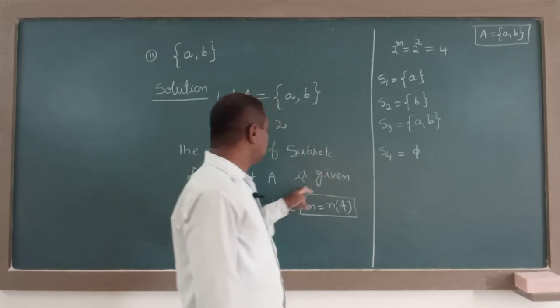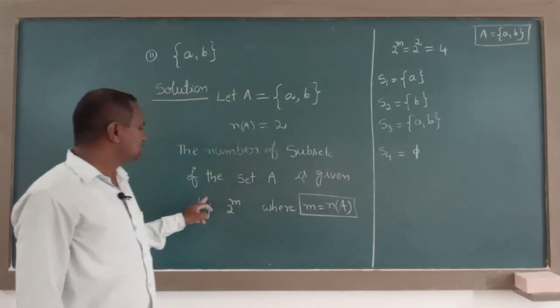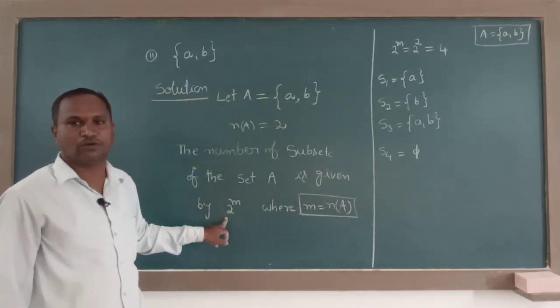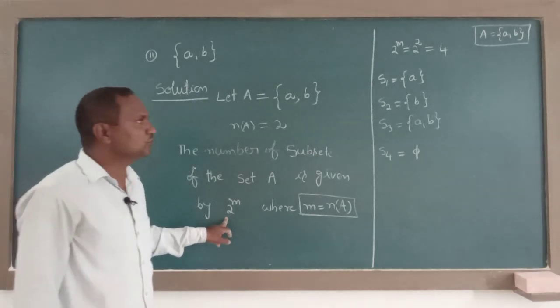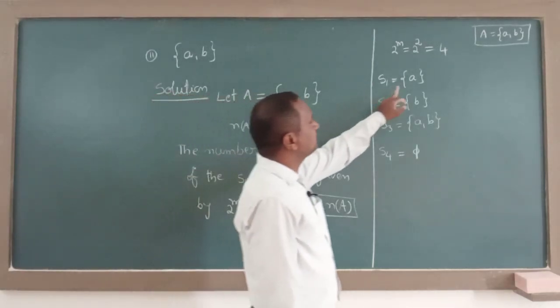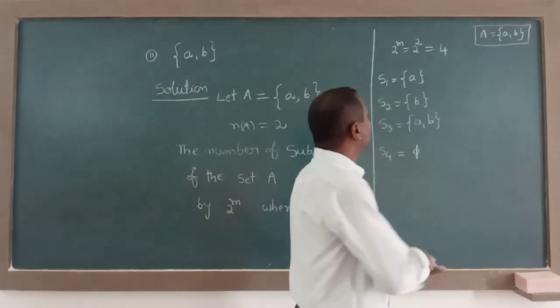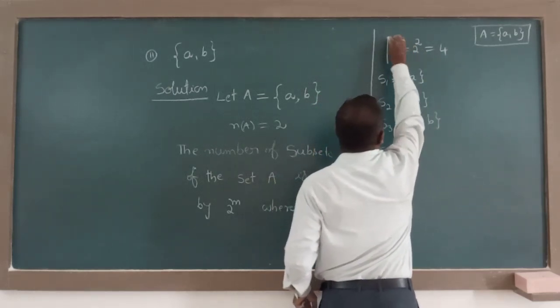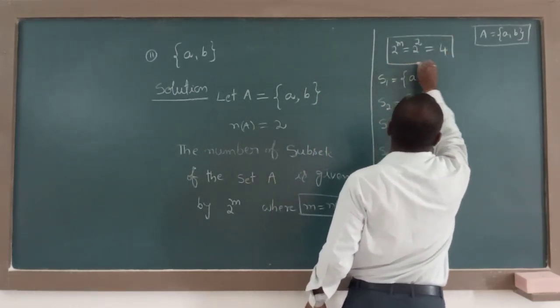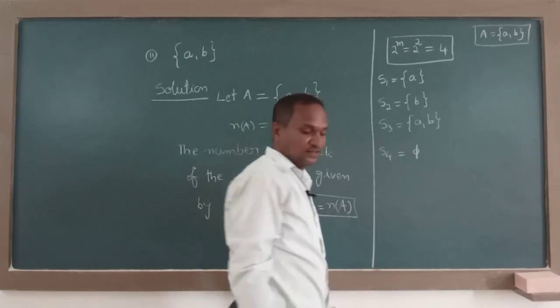At the same time, we have to apply the subsets formula 2 to the power of m. 2 to the power of n means 2 squared is equal to 4. This is a very important formula to find the number of subsets of any set.